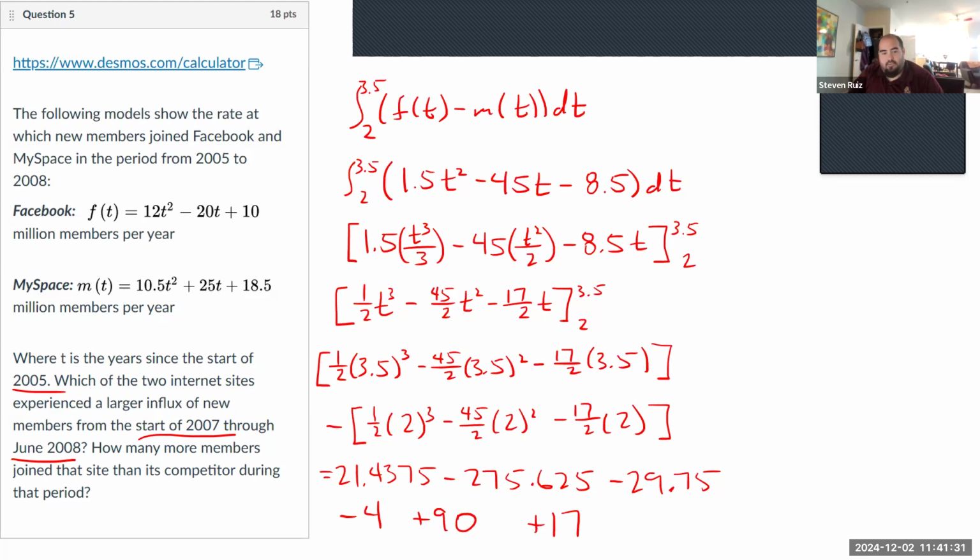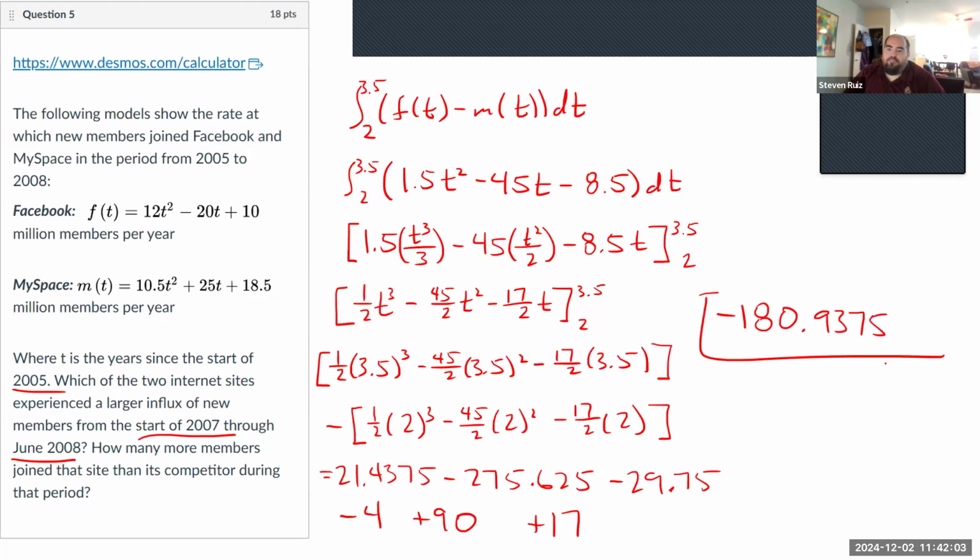21.4375 minus 275.625 minus 29.75 minus 4 plus 90 plus 17. And I get, all right, the final result is this, negative 180.9375.